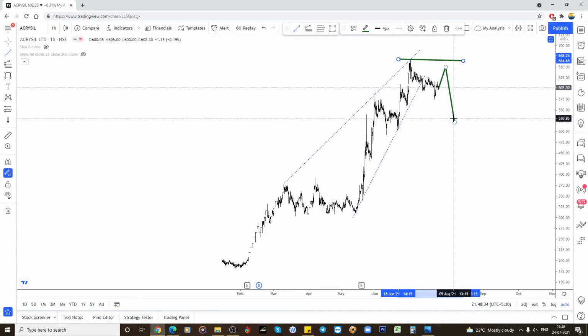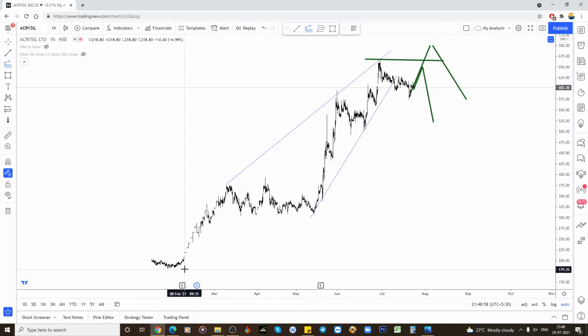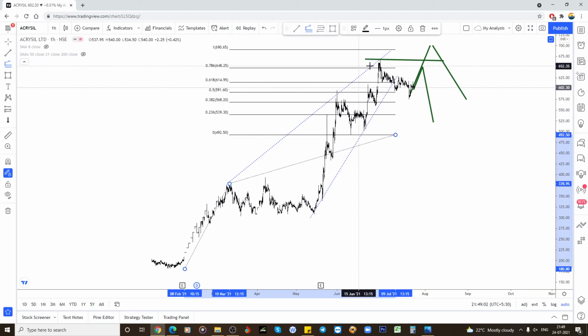If it is going to break this high also, need to watch, because sometimes it could be a fake breakout, as a lot of people call it, but we Elliotticians call it an irregular flat formation. But sometimes if this is a wave 1, the rejection of wave 4 did the 0.786, so this is also valid.